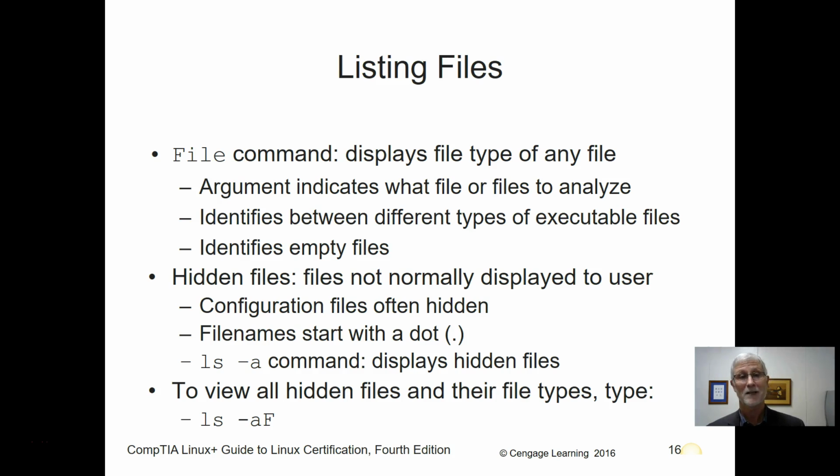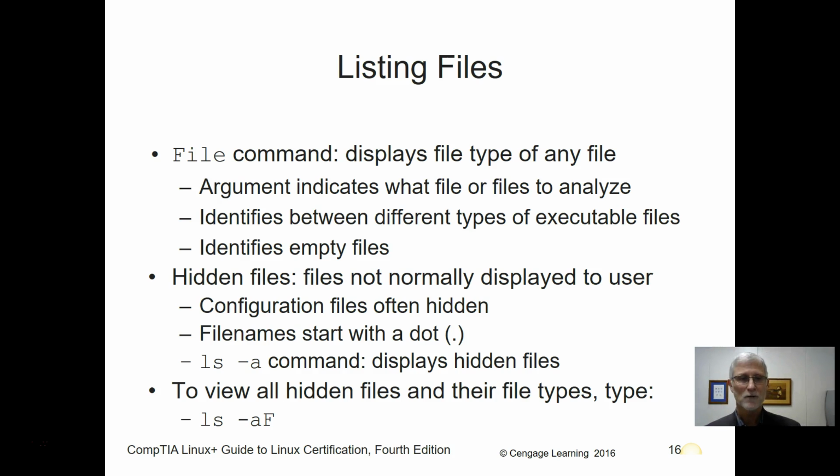Now, you can also hide files. When you're doing an ls or an ls -l, there are some files that you really don't care to see. You can hide them from your normal viewing. All those hidden files start with a dot, a period.